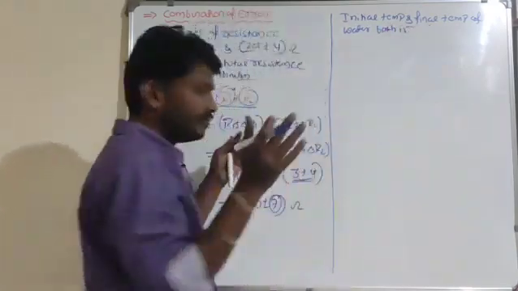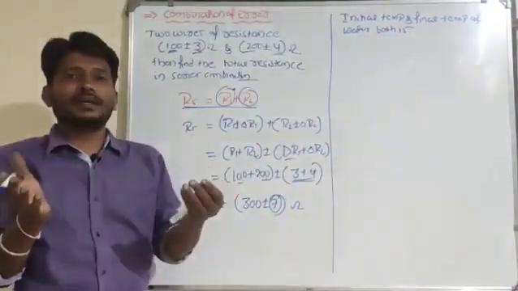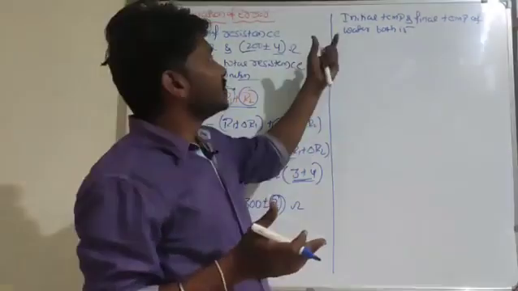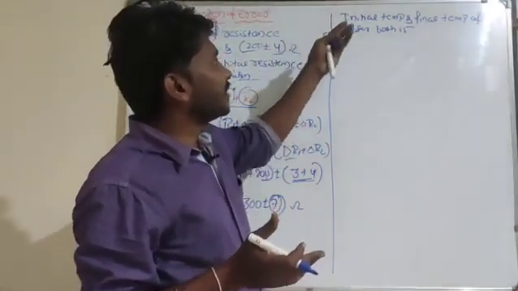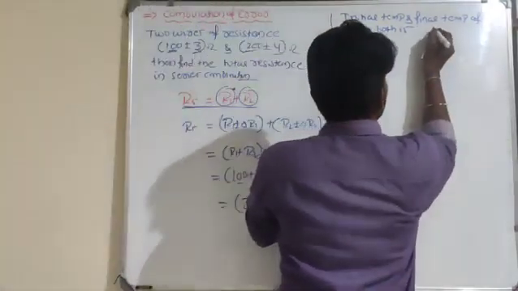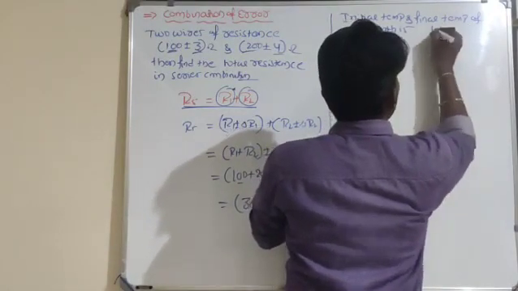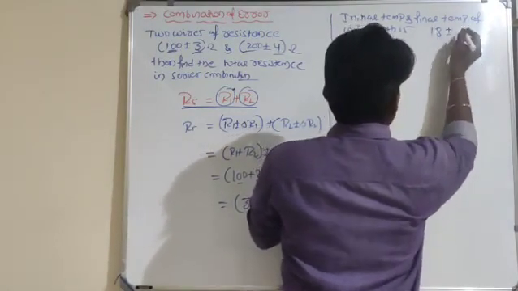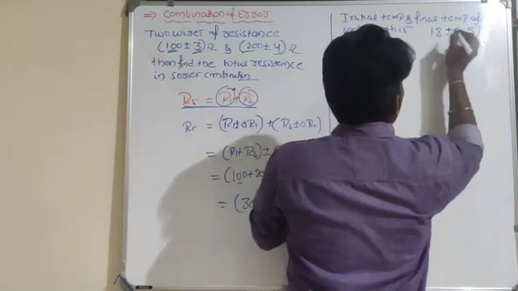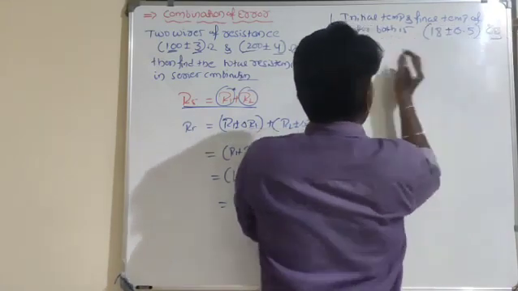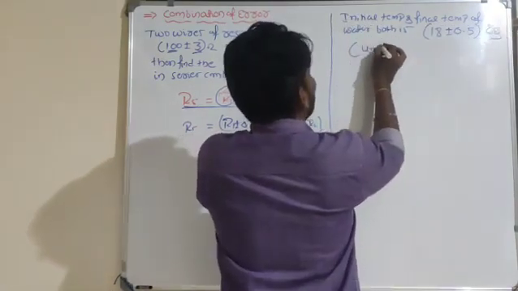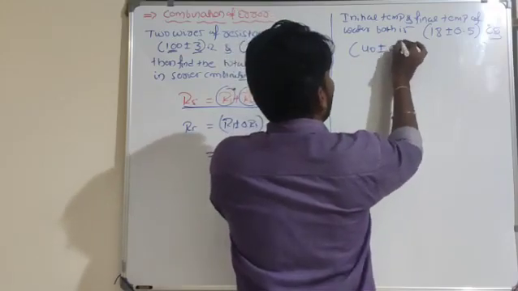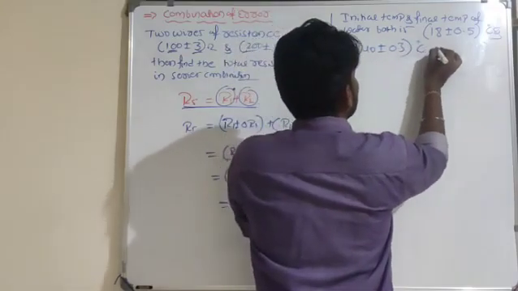I will consider a container with water in it, and take the initial and final temperature of the water bath. Let the initial temperature be 18 plus or minus 0.5 degrees Celsius, and the final temperature be 40 plus or minus 0.3 degrees Celsius.